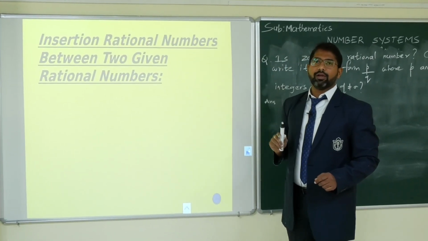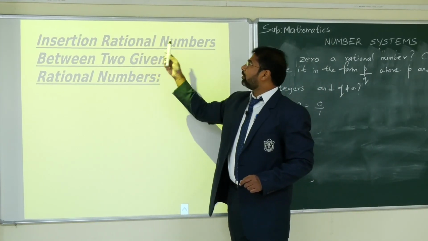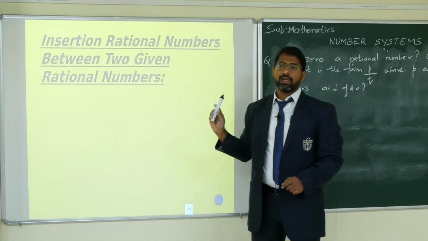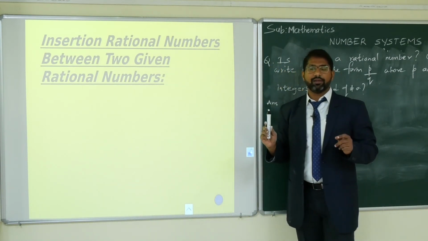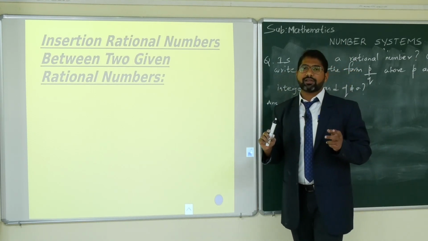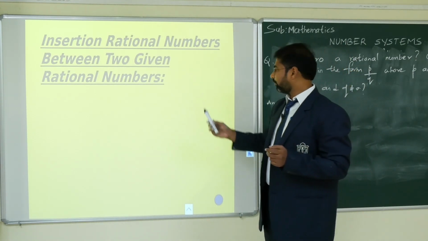Now here we are going to learn insertion of rational numbers between two given rational numbers. If two rational numbers are given, you can insert any number of rational numbers using this formula.